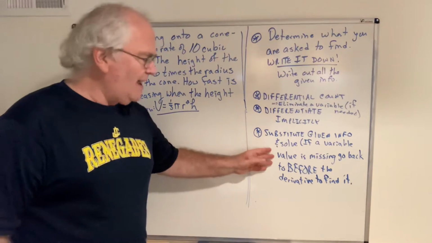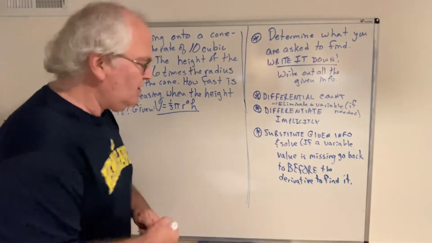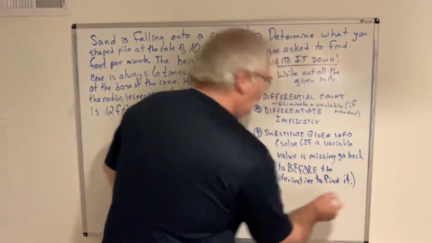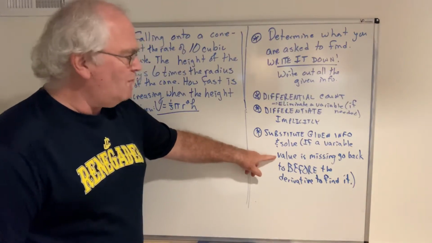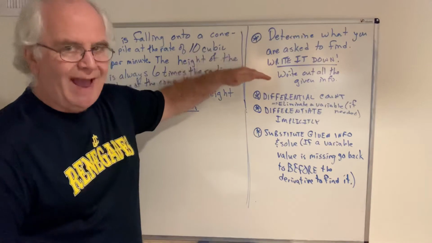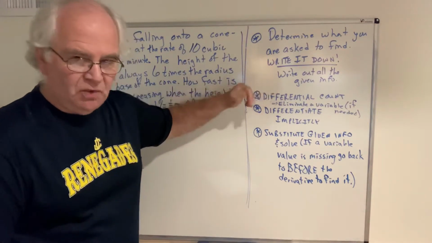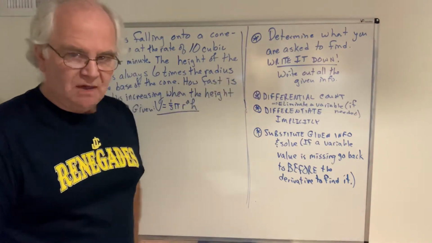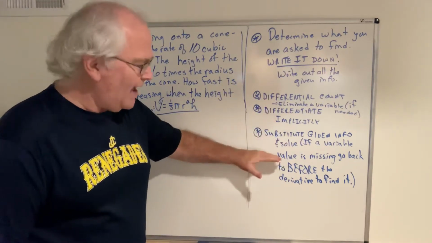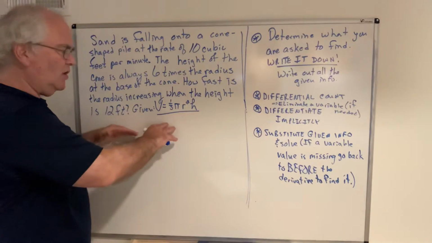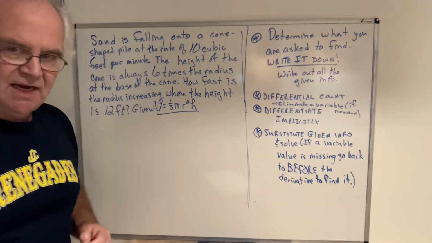Notice that what's going to happen sometimes is a variable value will be missing. If a variable value is missing, then you need to go back to the information you had before the derivative to be able to find what it is you're looking for. We'll see what happens. Now, in the example we did earlier, that didn't occur. It actually is going to occur in this problem, so you'll see that process in action.